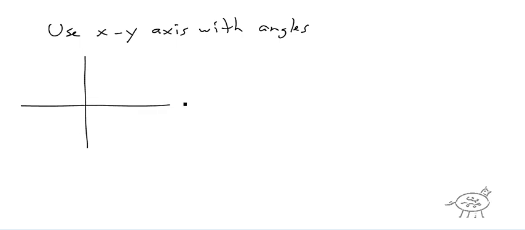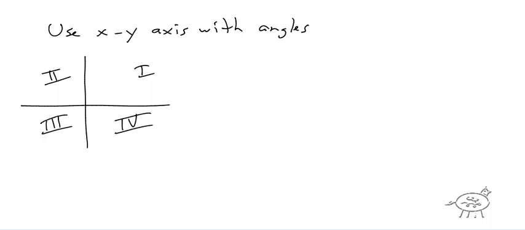Again, we're going to use the XY axis, or XY plane, with all of our angles. Just to review the quadrants, we have quadrant 1, quadrant 2, quadrant 3, and quadrant 4.